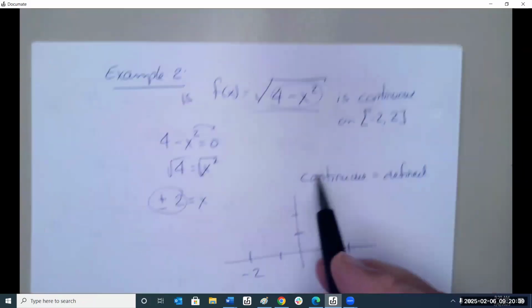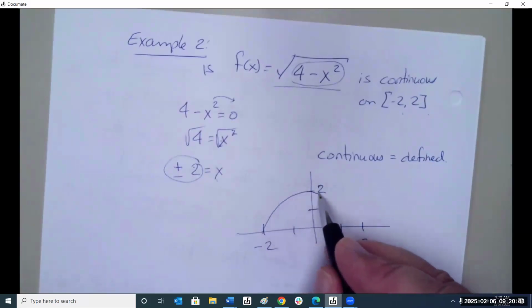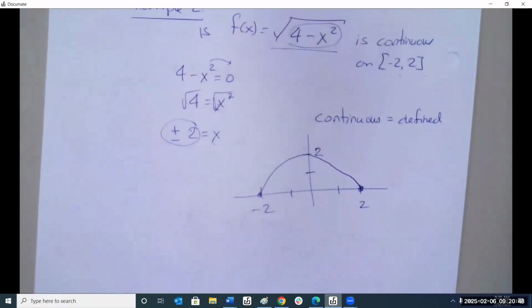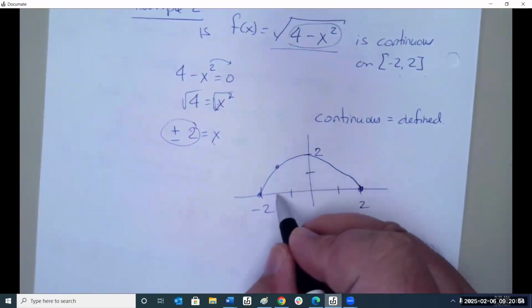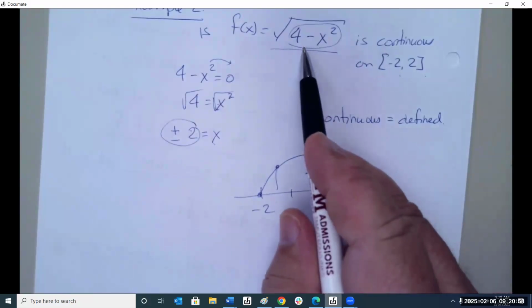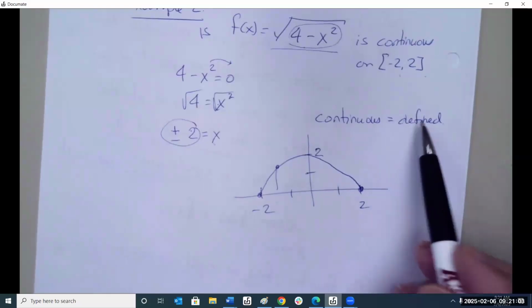When x is 0, we get +2. So we know that this is a half circle. If it's continuous, that means every value x that I pick, I can plug it inside the function and that value exists. So it has to be defined at those values.